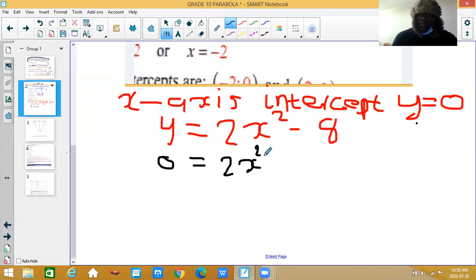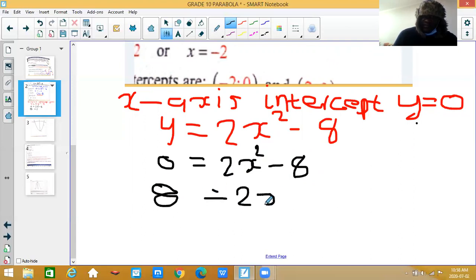Hence, from here you must solve for x. Now you want to make x the subject of the formula. You transpose this negative 8 to the other side. It will be a positive 8. So positive 8 is equal to 2x squared. Now, we want to find the value of x, so we can divide by 2 on both sides.